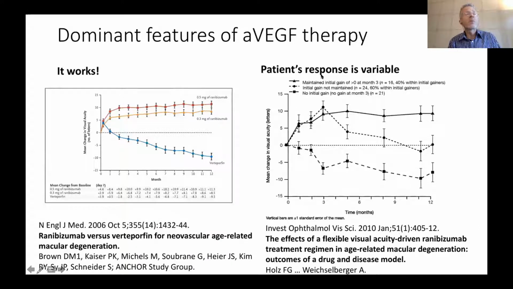So the patient response is variable, and one of the challenges in anti-VEGF therapy these days is to know how your patient is going to respond, and it is not clear at this point what to look for besides their vision. There's no way to predict the response of a patient except from monitoring their vision and then knowing when to re-administer the drug.